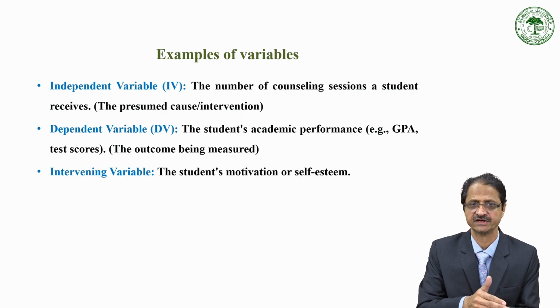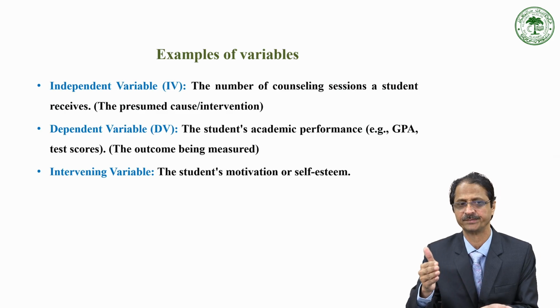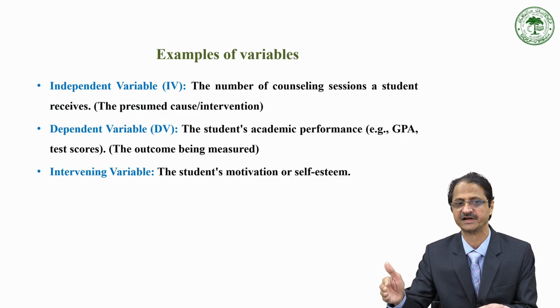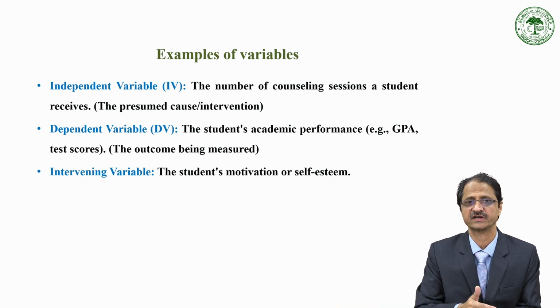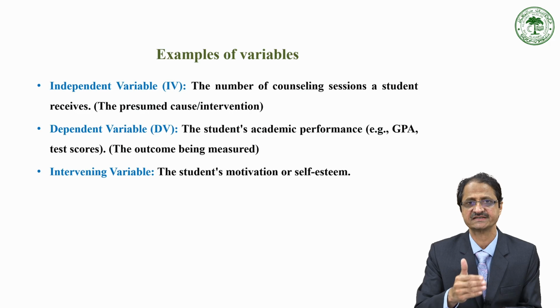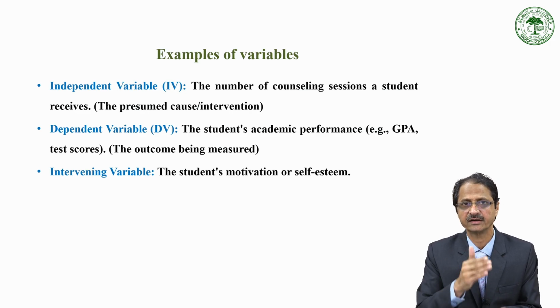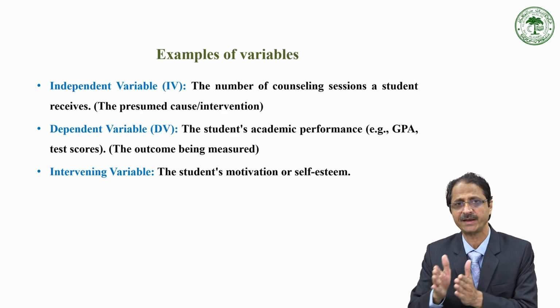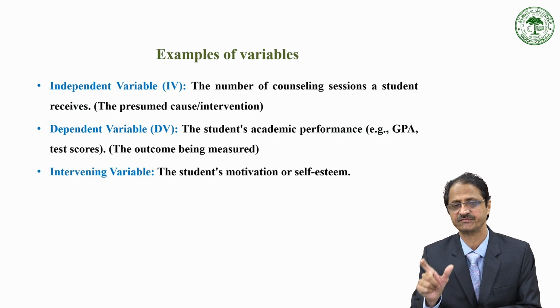It means this independent variable has a causative impact on changing the dependent variable, that is the academic performance. If by counseling sessions the ability to take better decisions has developed, it means the independent variable is causing the dependent variable to happen. Intervening variable: the student's motivation or self-esteem.